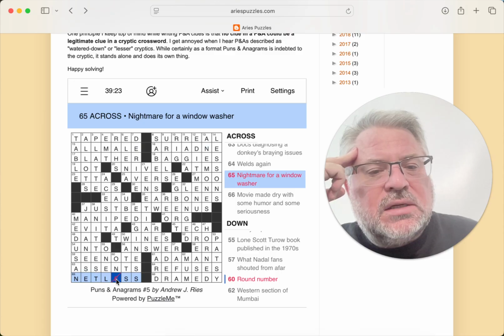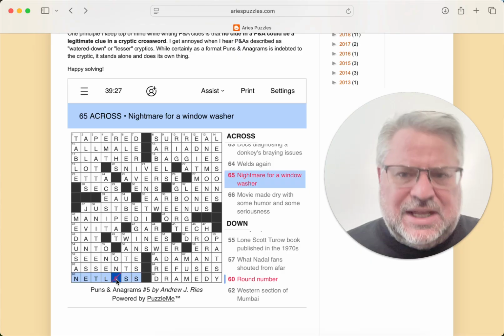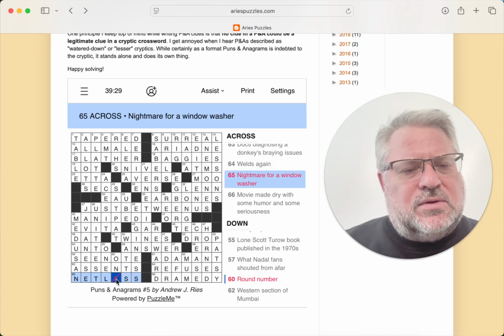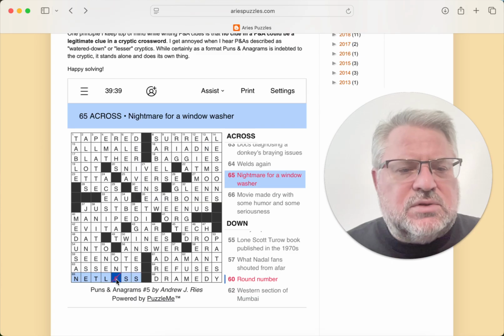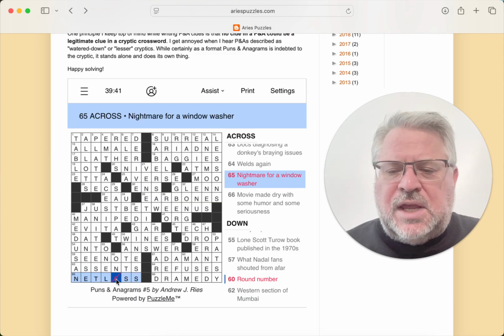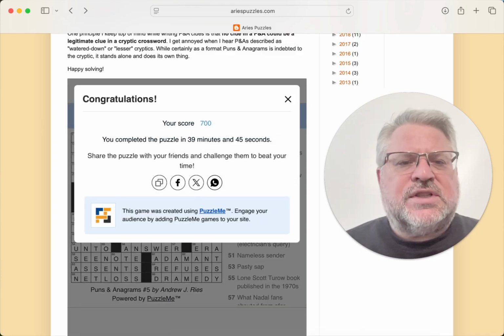A net loss. If you lost the net, you would then be netless, which would be your nightmare. Okay, so I was jumping ahead a step. So a net loss would be the loss of the net. And ONO is a round number. Round zero number, abbreviated NO, and we get ONO. O finishes the puzzle. There we go.